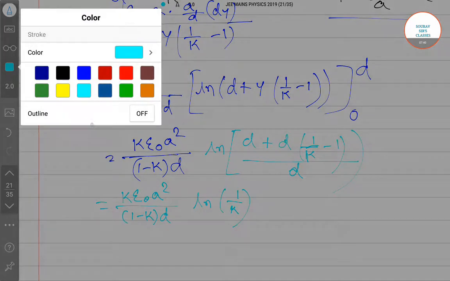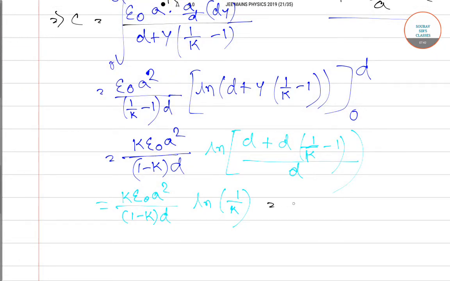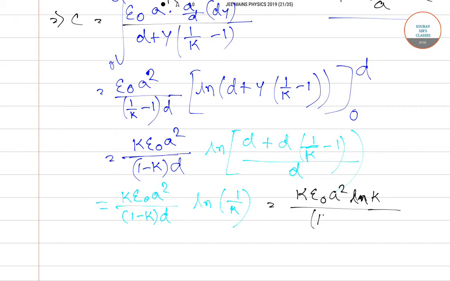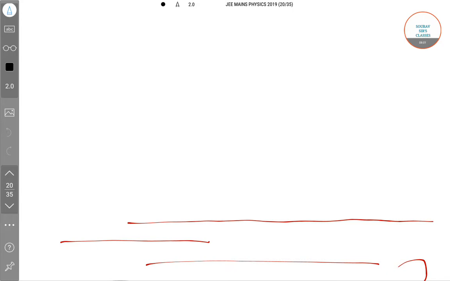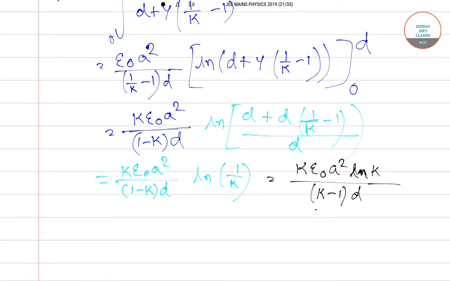So it can be written as k epsilon 0 a square ln of k divided by k minus 1 into d. So this is the capacitance here. So the correct option in this question is 3. This is the correct option.